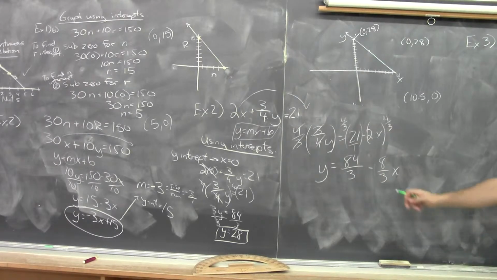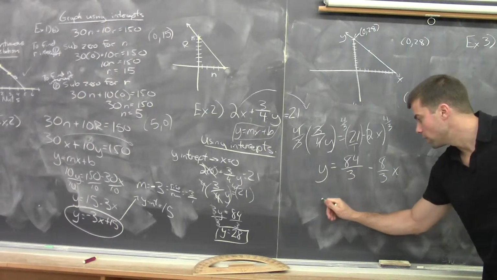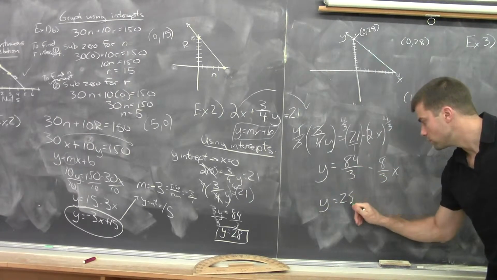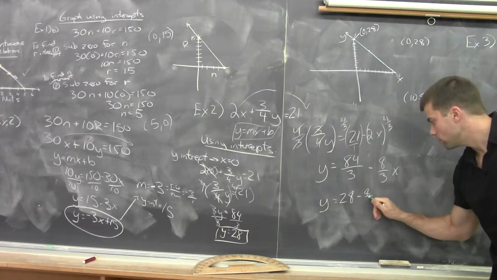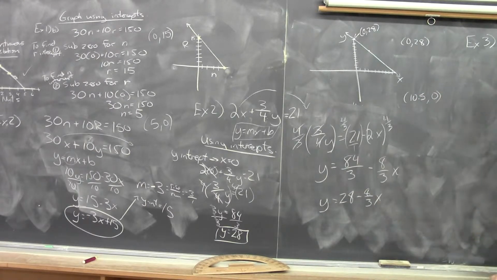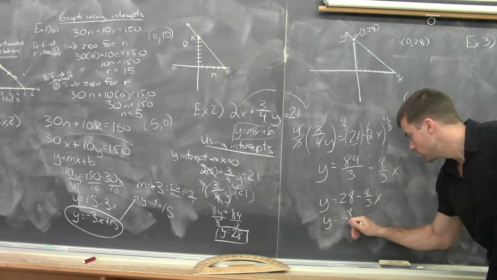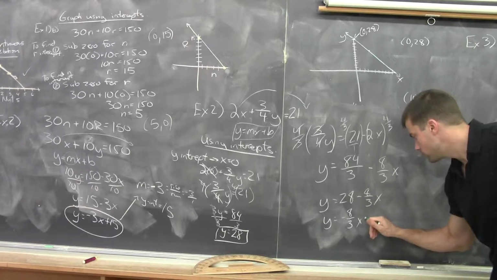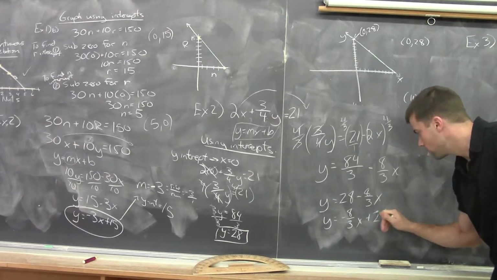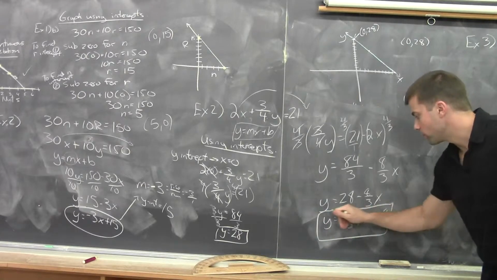Okay? 84 divided by 3 is 28. So we get y is equal to 28 minus 8 over 3x. I'm going to rearrange that to the format we like, with the x values first: minus 8 over 3x plus 28. So there's my equation for the line.